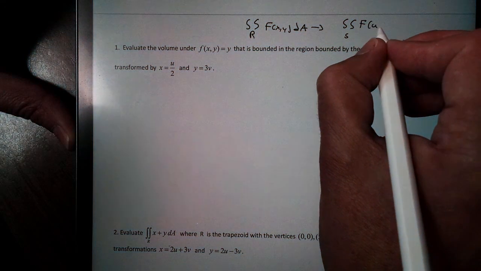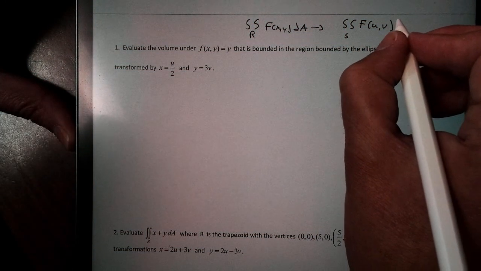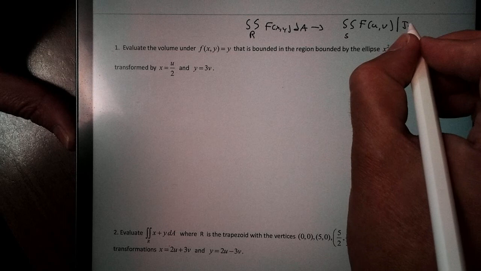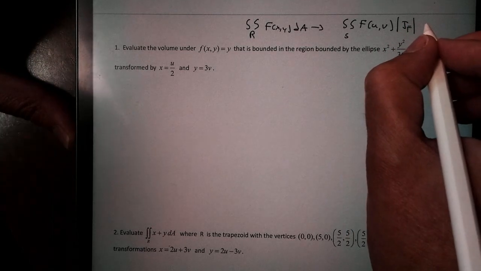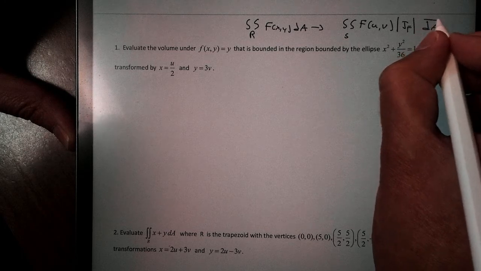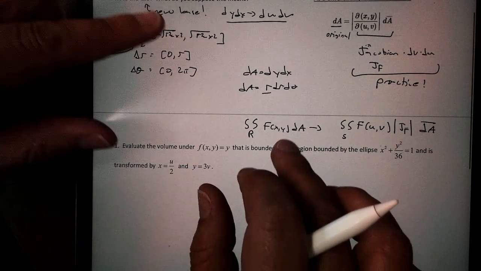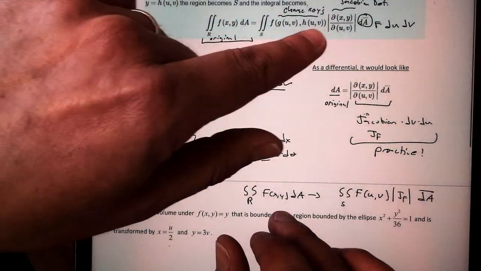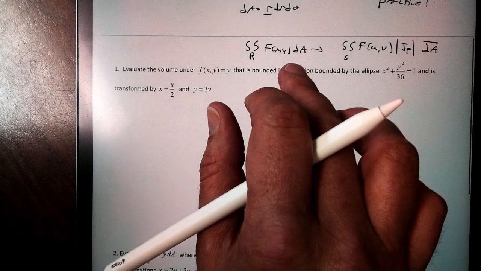F of u and v, so our function has to be in terms of u and v, and then we're going to multiply that by our Jacobian, and we'll call that Jf. I don't need the magnitude on that one. And dA, remember, the area of our new base. Remember, this just comes from this little formula right up here. We don't normally write that. We can write a little Jf. That's our Jacobian of our function.